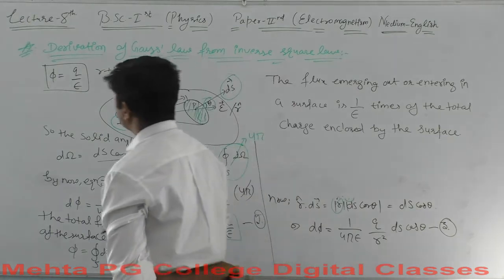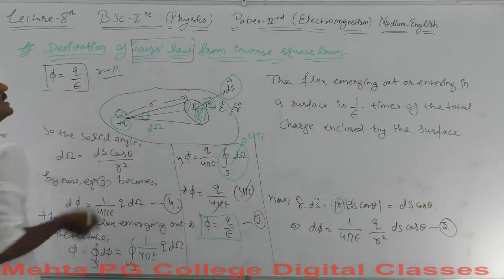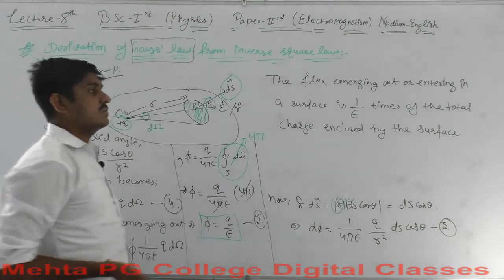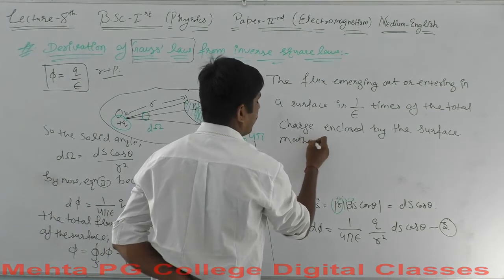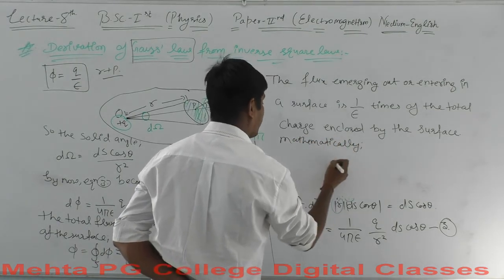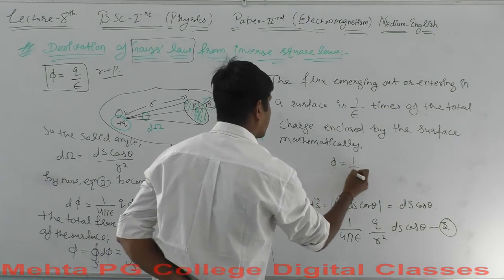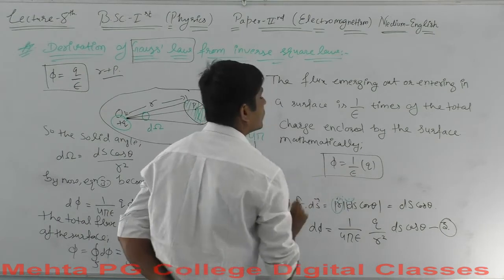So this is how you define Gauss's law literally. This is the definition of Gauss's law, or simply, mathematically you can say phi is equal to 1 over epsilon of the total charge q.